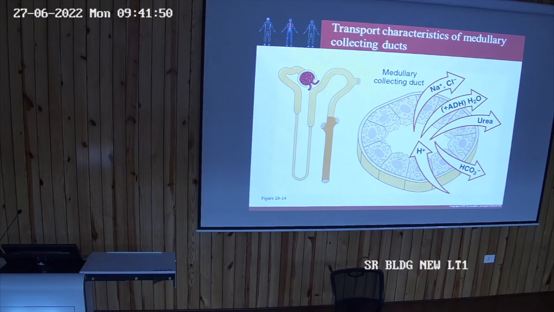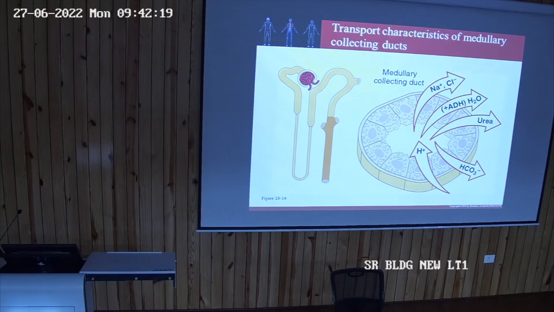Aquaporins and ADH. So in either condition, though the ADH secretion is normal, if there is some dysfunction or aquaporins are absent, then too there will be no reabsorption of water. Aquaporins are normally present, but there may be some hyposecretion of ADH or absence of ADH, then also it will result in decreased or nil reabsorption of water.